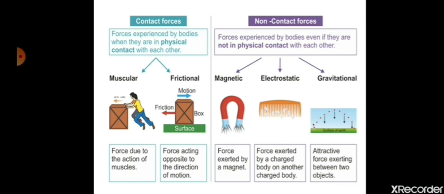This is a case of electrostatic force where the comb applies the force from a distance on the bits of paper and picks them up. And the last case is the force of gravity, where you see some apples or say balls, maybe anything, they are falling towards the earth or being attracted towards the earth from a distance. Thus, this is also an example of non-contact force.